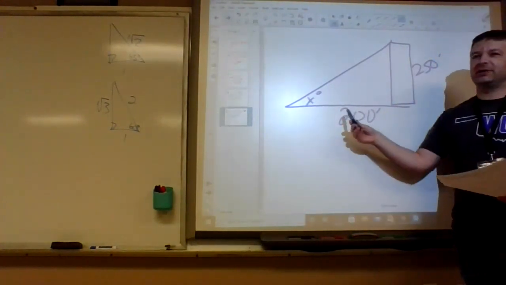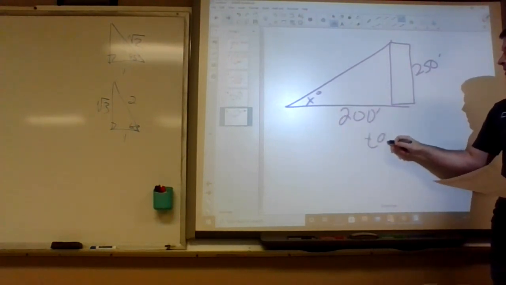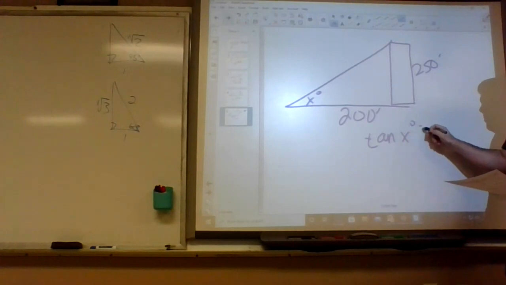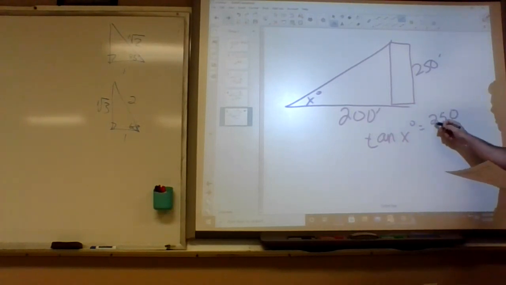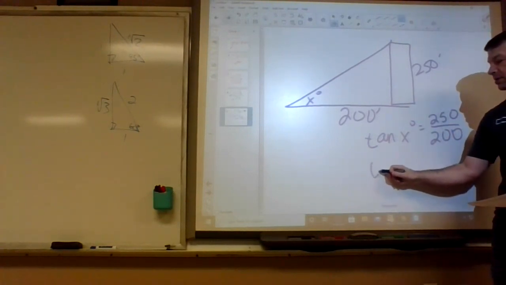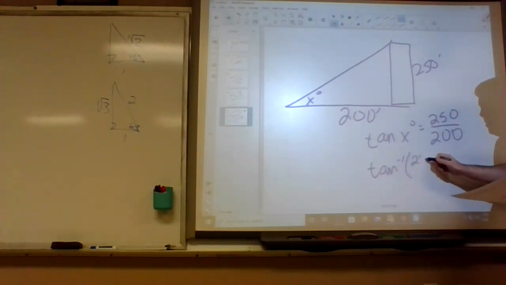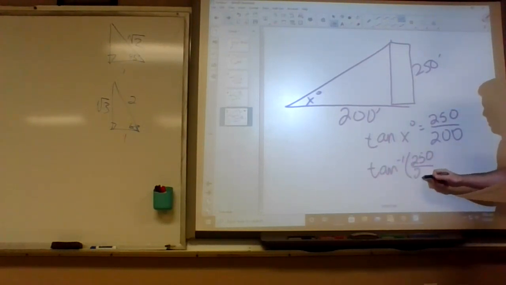So lots of tangents on these, right? So that'd be opposite and adjacent again. So tangent of the angle equals opposite over adjacent. So what are we gonna plug in our calculators for this one? The inverse. Tangent inverse of that to get the angle.